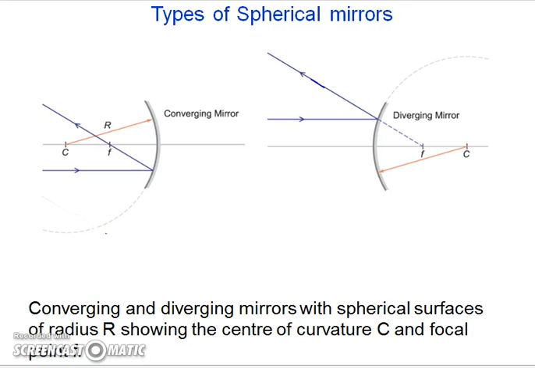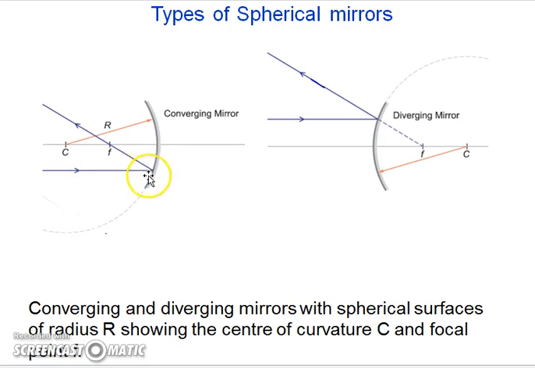All right. Here we'll talk about the types of spherical mirrors, and there are two types: one is called a converging mirror, and the other is called a diverging mirror. In both cases, this is the mirror. In a converging mirror, the interior here is the reflecting surface, and the outside is the mirror coating. But pay attention to this dotted line.